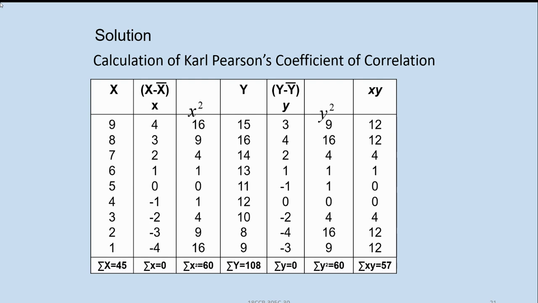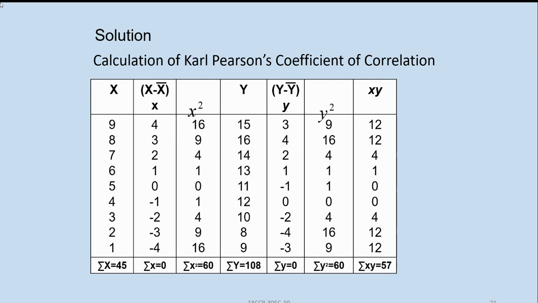So the mean of x is 5 and the mean of y is 9. Sigma x square we have calculated as 60, sigma y square as 60. Now sigma xy is equal to 57.